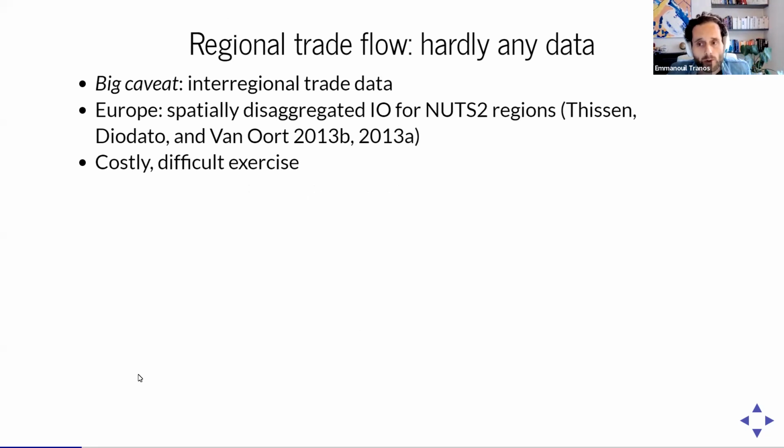At the European level, we have some data about interregional trade, and these data are the outcome of spatially disaggregated country-level input-output tables. So, although there is some data at the European level, these data were produced through a very costly and difficult exercise.